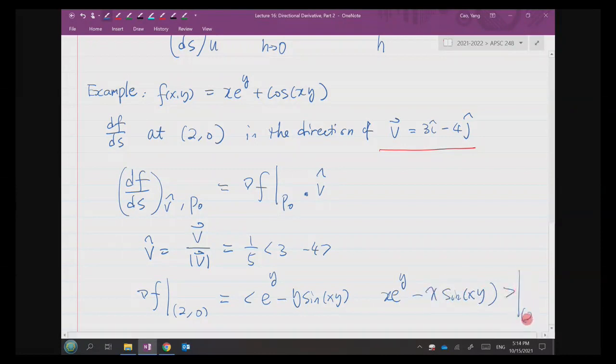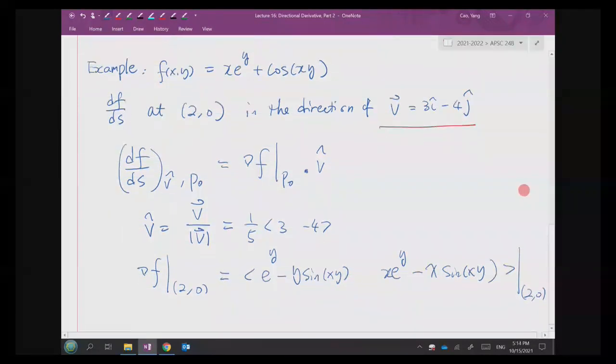Now you have this coordinate 2, 0. For partial derivatives, just keep a clear head. Which one is a constant? Which one is a variable? And then substitute x equal to 2, y equal to 0. When you plug in 0 over here, sine 0 times 0 is 0, e to the power 0 is 1.